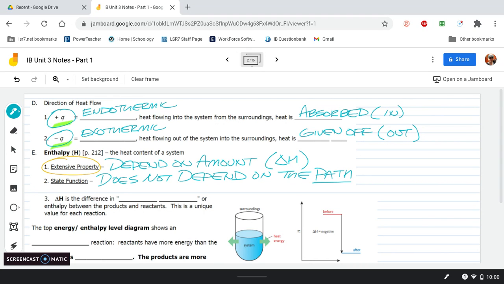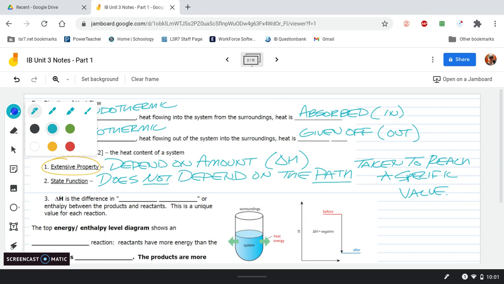So path is important, and it does not depend on the path taken to reach a specific value. I'm going to write it up here so I don't run out of space. Okay, what the heck does that mean?